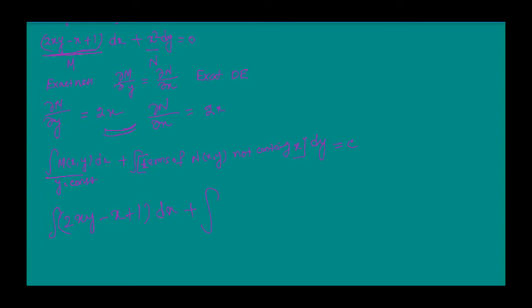N is containing x, so this is 0, is equal to c. So here the solution will be like this. Y is constant, so 2y into x square by 2, integrating minus x square by 2 plus x is equal to c.